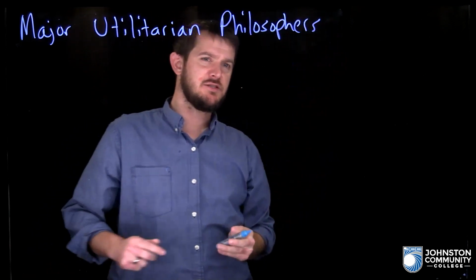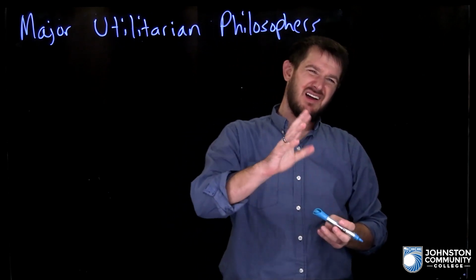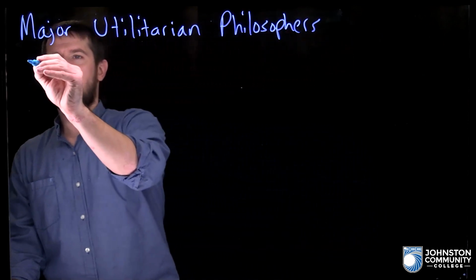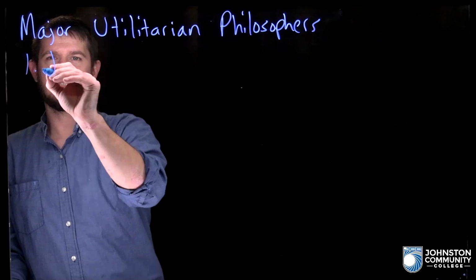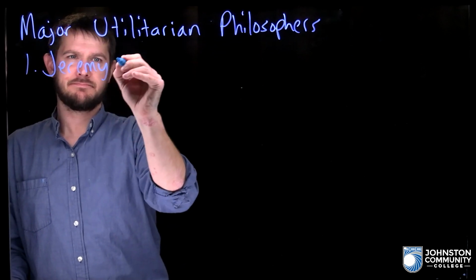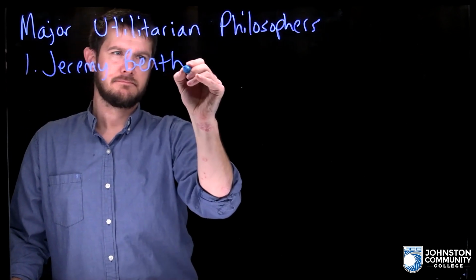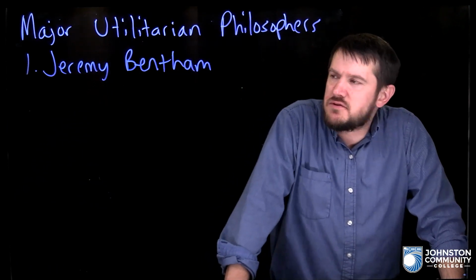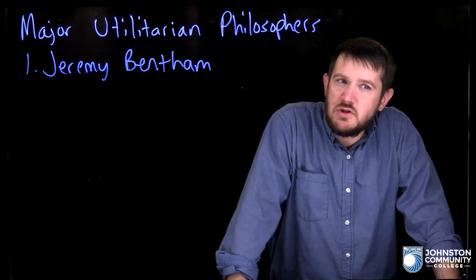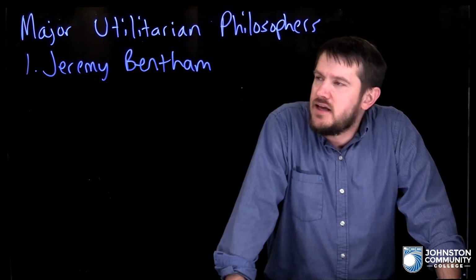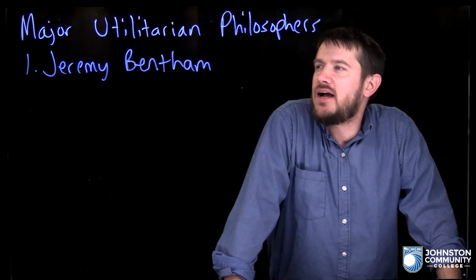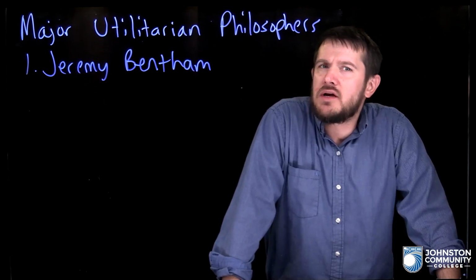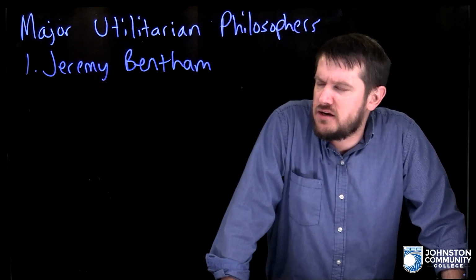So I'm going to talk about the major utilitarian philosophers. I'm going to talk to you about three of them. First one is Jeremy Bentham. Jeremy Bentham was an 18th century English philosopher, and the principle of utility was really his idea. He was a social reformer, a social activist, a progressive thinker, really a revolutionary thinker ahead of his time.